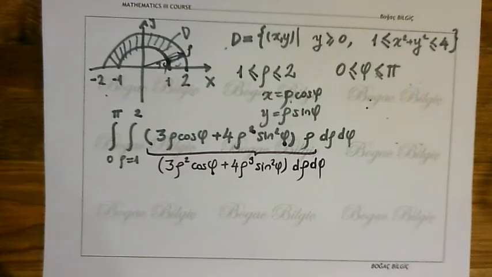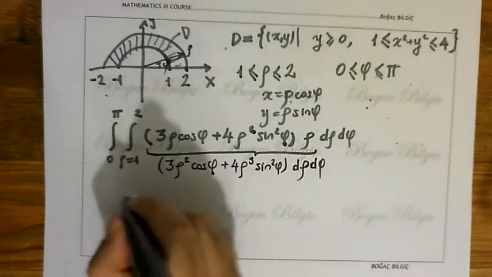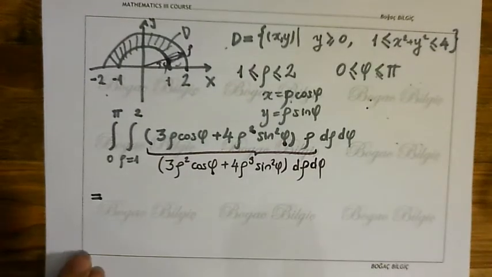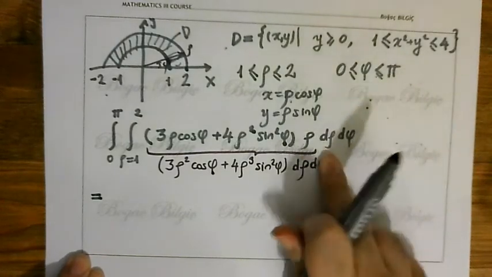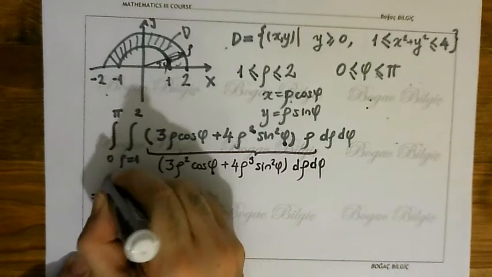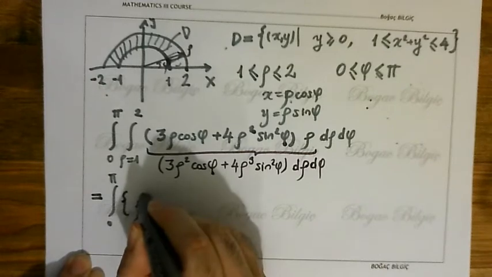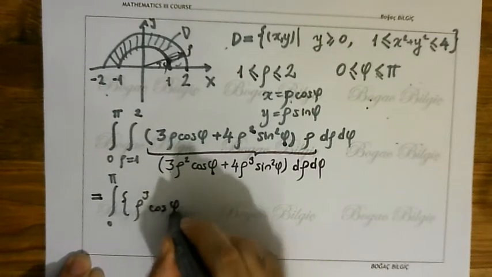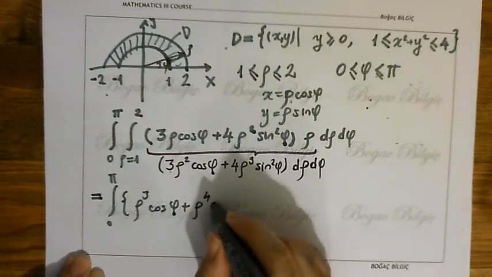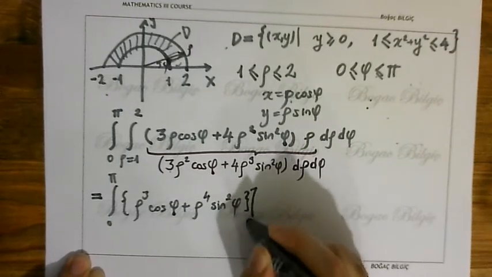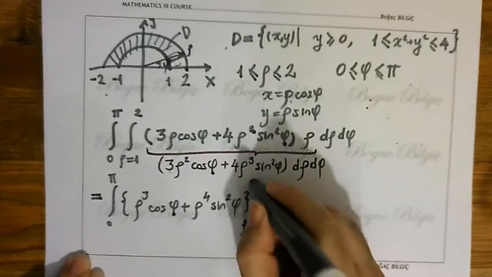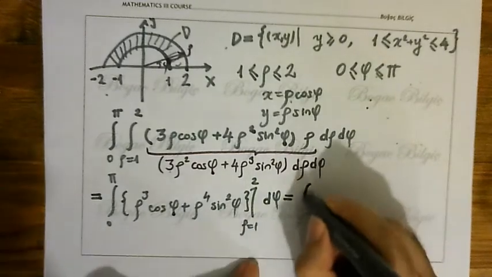And this is equal to, firstly, integrate for rho: rho third cos phi plus rho fourth sin squared phi, rho from 1 to 2, d phi, and calculate easily.